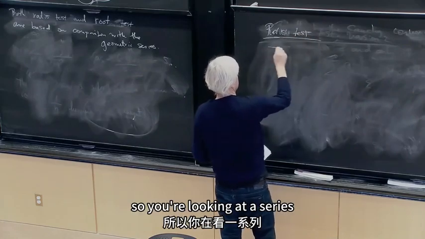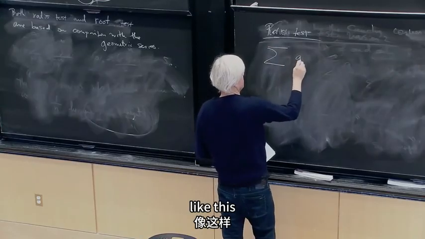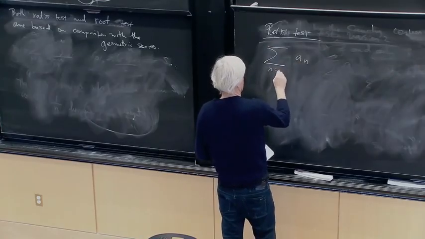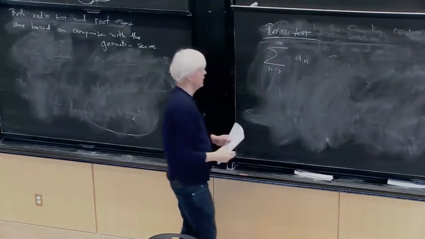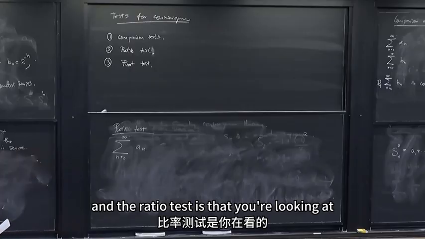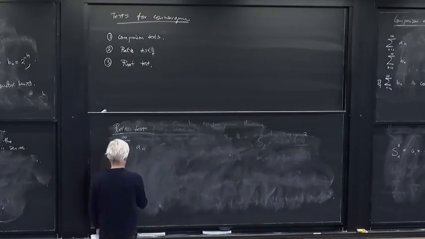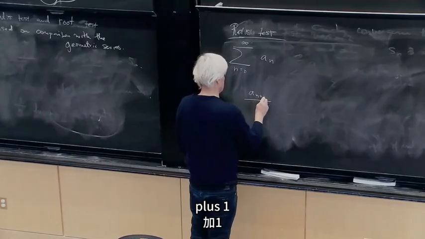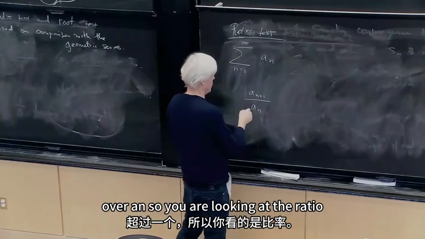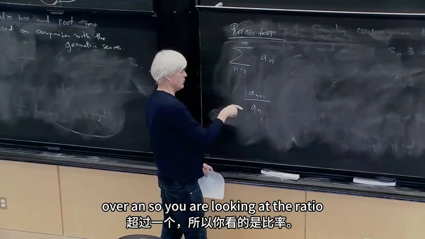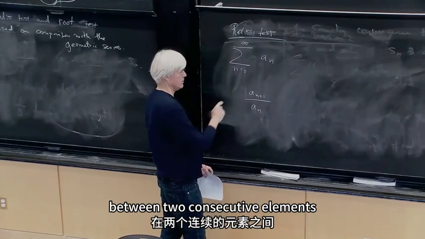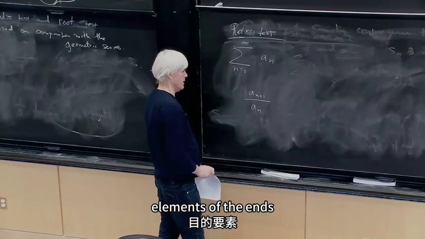so you're looking at a series like this. And the ratio test is that you're looking at a_{n+1} over a_n. So you are looking at the ratio between two consecutive elements of the a_n's.